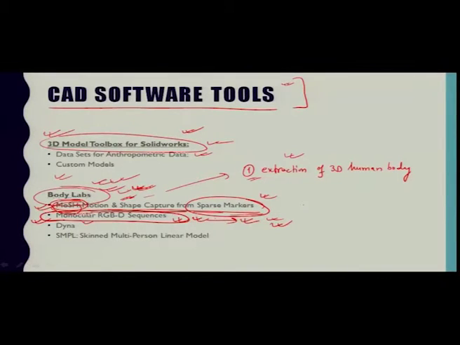So in this way these are the methods which the Body Labs company, which provides these software tools, uses to perform human body modeling. Another model of a dynamic human shape in motion is Dyna. So it gives the accurate design of the human body with real human sensitivity.